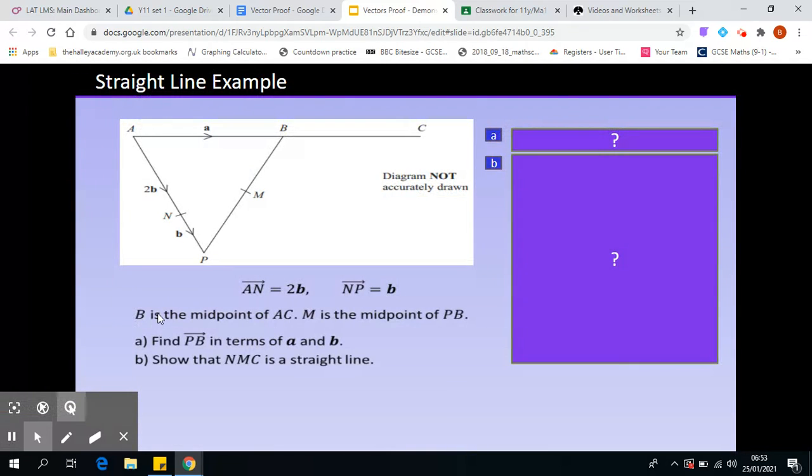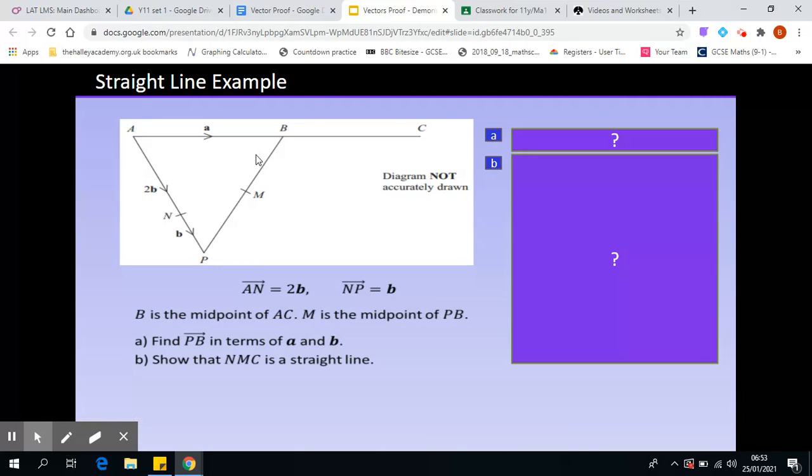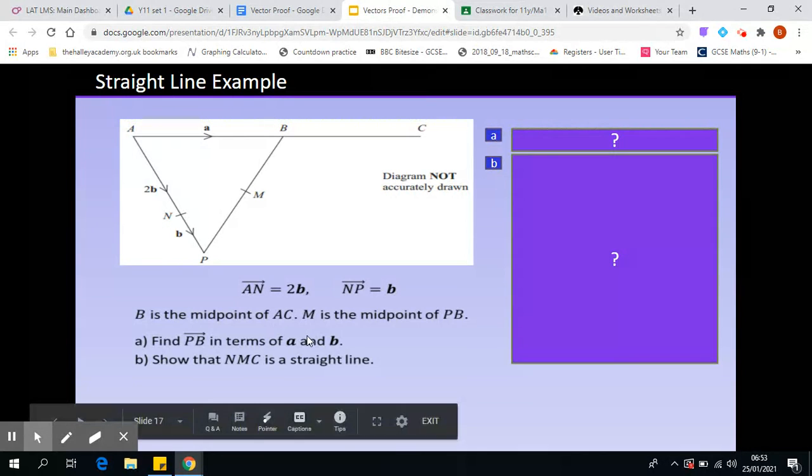Now let's look at another example. B is a midpoint of AC. M is a midpoint of PB. Find PB in terms of a and b. They want to find out what's PB.